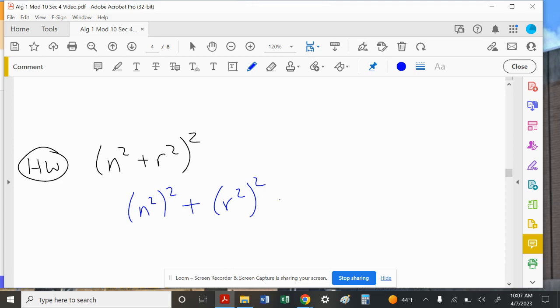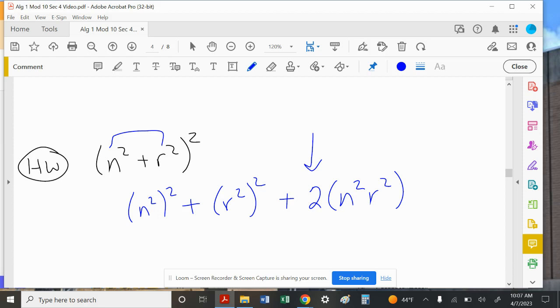And then we're going to have plus 2 times, and we multiply these two together. So we multiply those together, I get n squared times r squared. But we have 2 times it because remember that we multiply those two components of the term, and we then multiply it by 2.